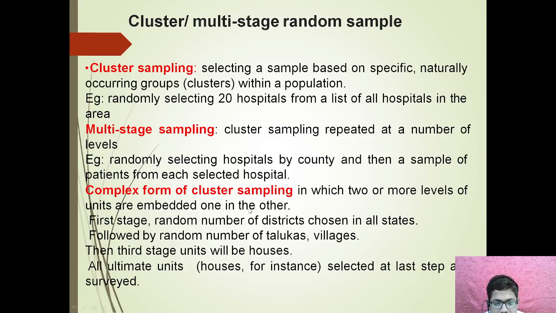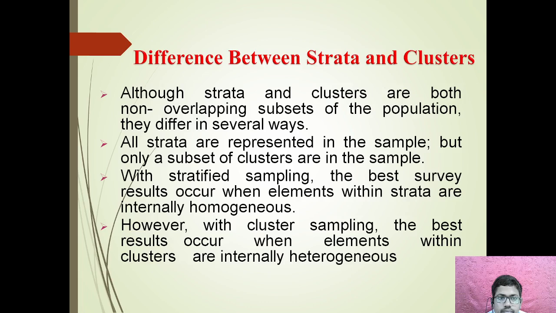In the first stage, a random number of districts is chosen in all states, followed by a random number of talukas, villages. Then the third stage units will be the houses. All the ultimate houses selected at the last stage are surveyed.